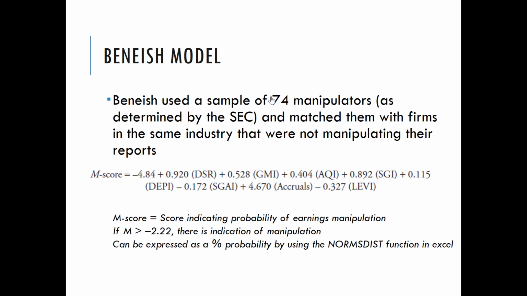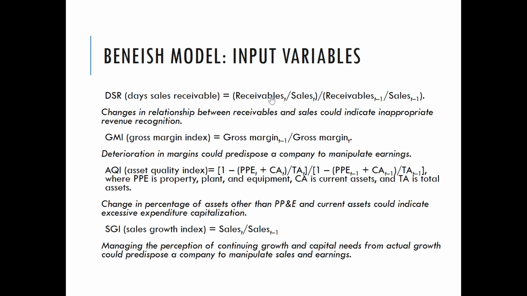That's what it is. You basically just add it to your score to get the final value. And the idea here is that the cutoff is if the number is greater than 2.22, there's an indication of manipulation.